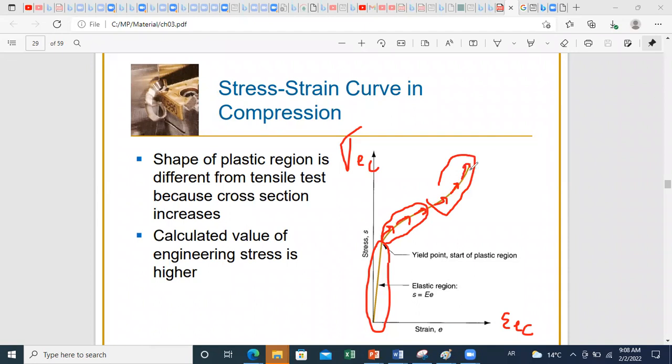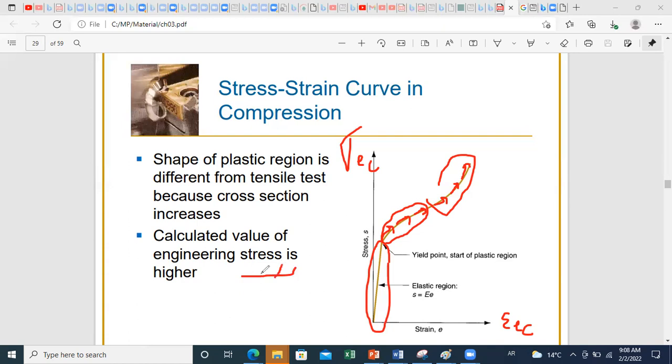Because there is something particular happening in a compression test, which will contribute to the increase in the stress at a higher rate. In fact, as the cylindrical specimen is squeezed, friction at the surfaces in contact with the plates will tend to prevent the ends of the cylinder from spreading. So we were talking about this last time.